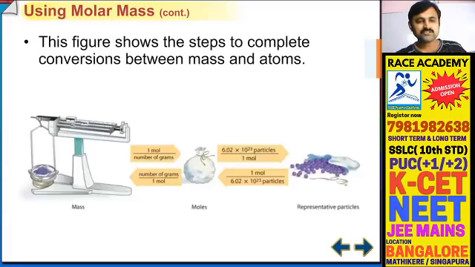Now, this figure shows the steps to complete the conversion between mass and atoms. In the middle of the figure, you observe 1 over number of grams, so that mass can be calculated. Avogadro number of particles per mole. Number of grams can be converted into moles, and moles into particles by Avogadro number.